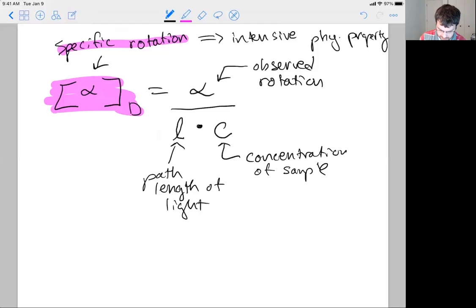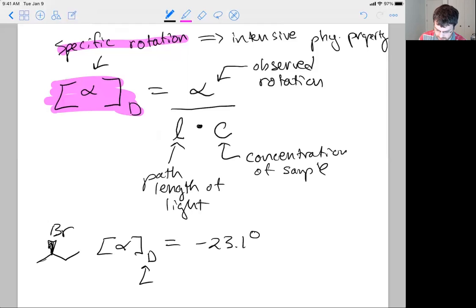So just to summarize this a little bit, this compound has an alpha in brackets D equal to minus 23.1 degrees. Now the D just tells us standard conditions, which is sort of like room temperature conditions. It's not the same as STP if you have some chemistry background.